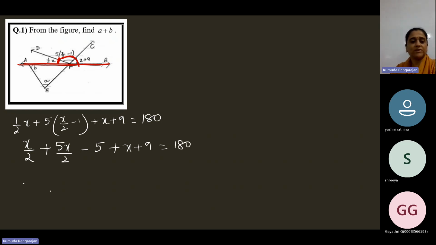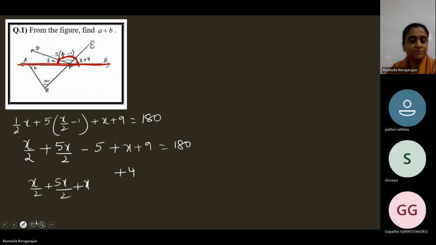x by 2 plus 5x by 2 minus 5 plus x plus 9 is equal to 180. Now let's simplify. What is 9 minus 5? 4. Now we have x by 2 plus 5x by 2 plus x plus 4 is equal to 180.